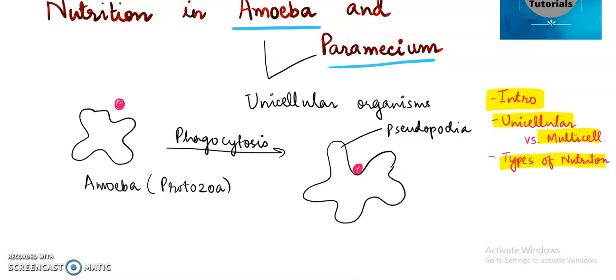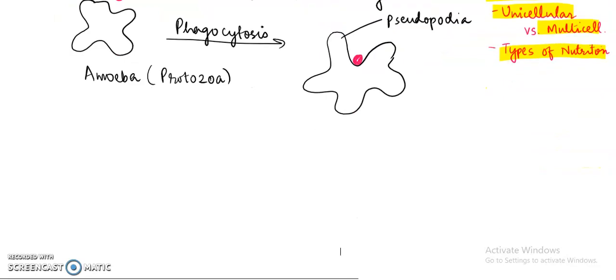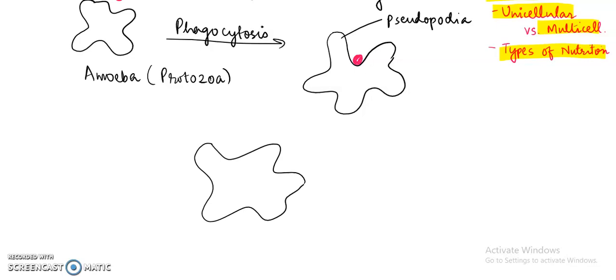So in the third step, it is going to get in, and this food vacuole will be getting digested inside, right? So phagocytosis is a process of taking the solid food inside in the form of a vacuole.